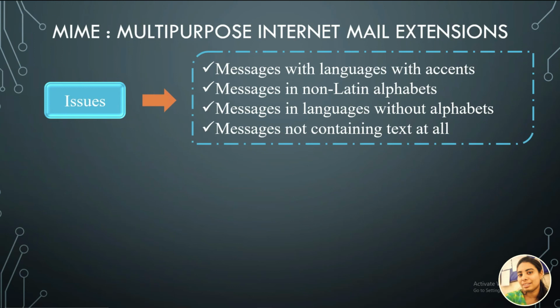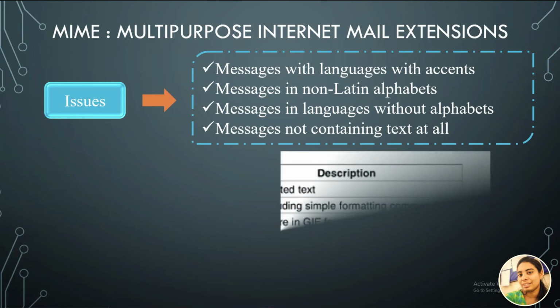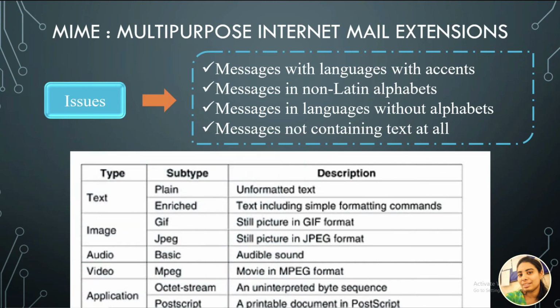It stands for Multipurpose Internet Mail Extensions. It supports different types of data like text, image, audio, video, application, and its extensions are also mentioned in the diagram shown in the slide. The image also represents the description of each type of data.